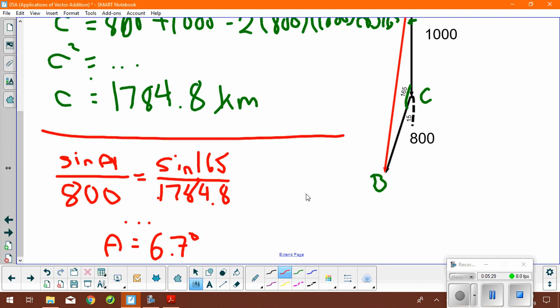So to wrap that all up, okay, so we're 1,784.8 kilometers from Toronto, bearing south 6.7 degrees west.